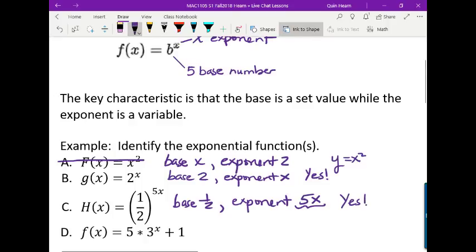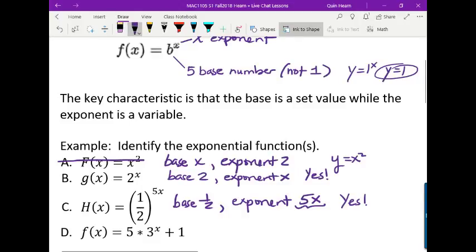Okay. We have a base of 1/2, so that might throw you off, but actually the only base that's not allowed is 1. The reason is because if you raise 1 to any power, you just get 1. So if we were to write y equals 1 to the x, that would be the same as just y equals 1, which is a constant. It's not an exponential function.